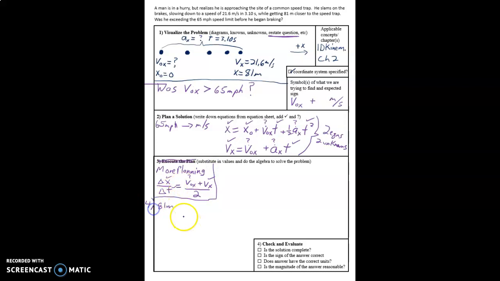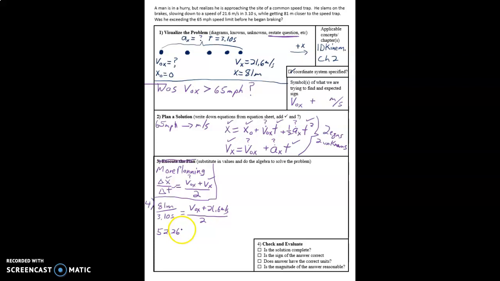Okay, and now we're going to execute the plan here. So now we're starting with step 4. Execute the plan. 81 meters over 3.10 seconds equals v naught x plus 21.6 meters per second divided by 2. And so now we can multiply both sides by 2. And so 2 times 81 divided by 3.1 gives us 52.26.